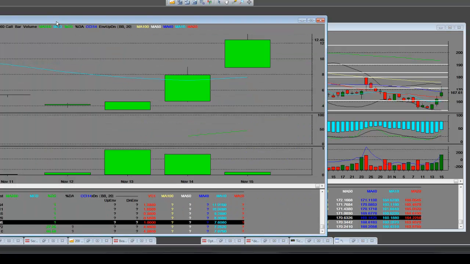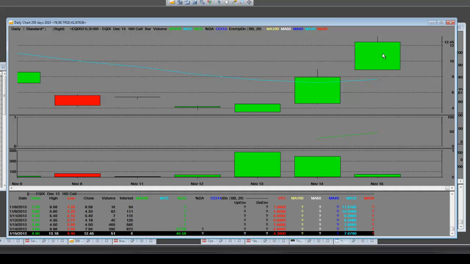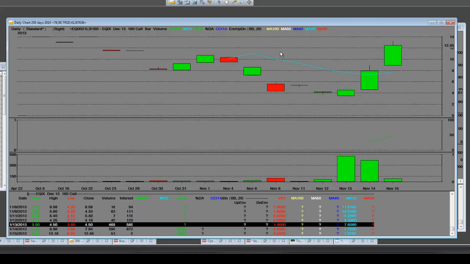The 160 call, out of the money, had put a bottom in here, and that bottom on this contract was $3.50. This high was $13.18.